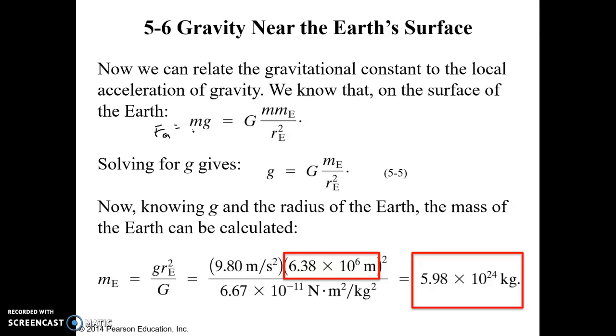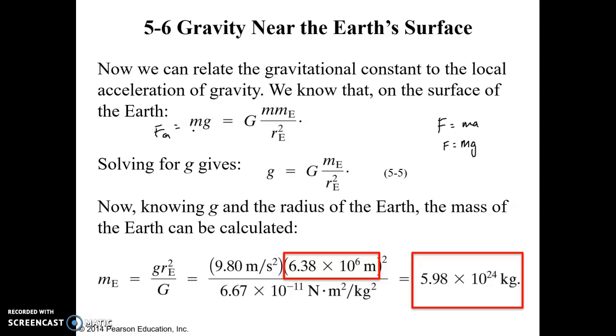If we look at an object close to the surface of the Earth, we already know that force equals ma, and close to the surface of the Earth, the acceleration due to gravity we can call little g, so F equals mg.